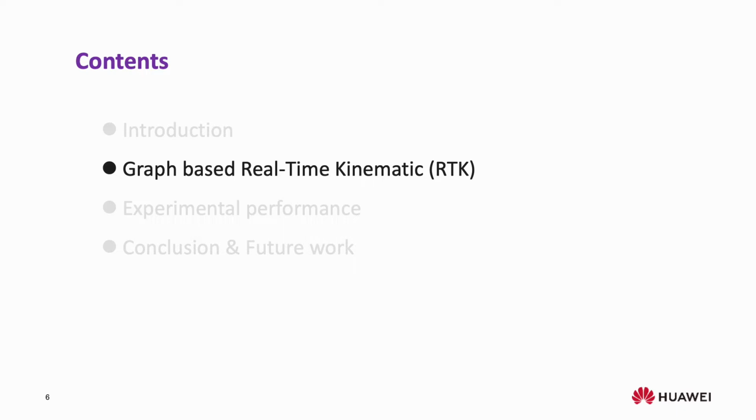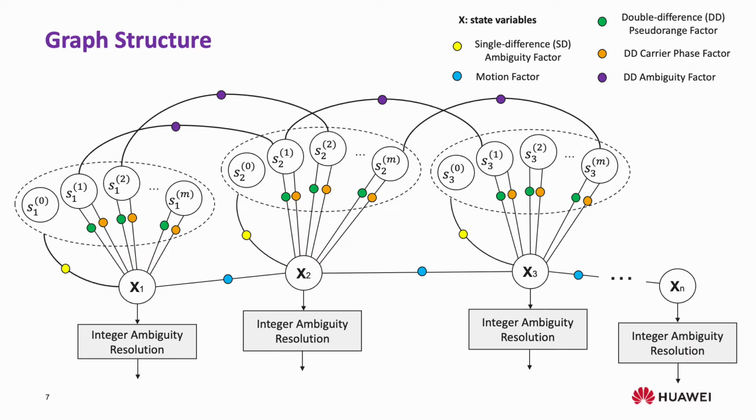In the next section, I'll introduce the framework of factor graph optimization for real-time kinematic. The factor graph optimization is achieved by minimizing a global cost function defined by different variables. There are two types of variables in factor graph.